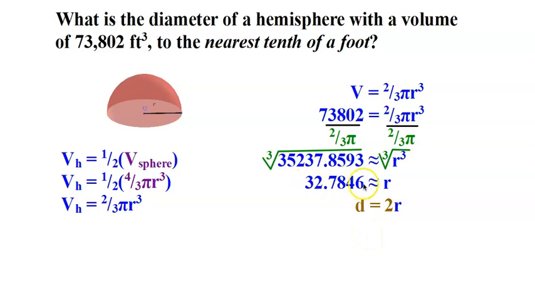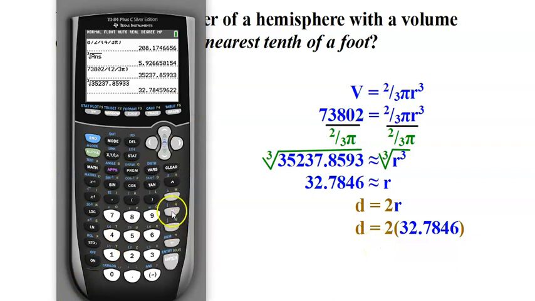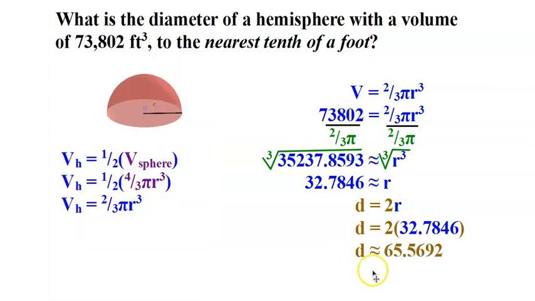So we're going to take this for the radius and plug that in, so take the answer times 2. And there it is, approximately 65.569 and so on. It wants our answer rounded to the nearest tenth of a foot. So instead of 65.5692, we will have 65.6 feet, approximately.